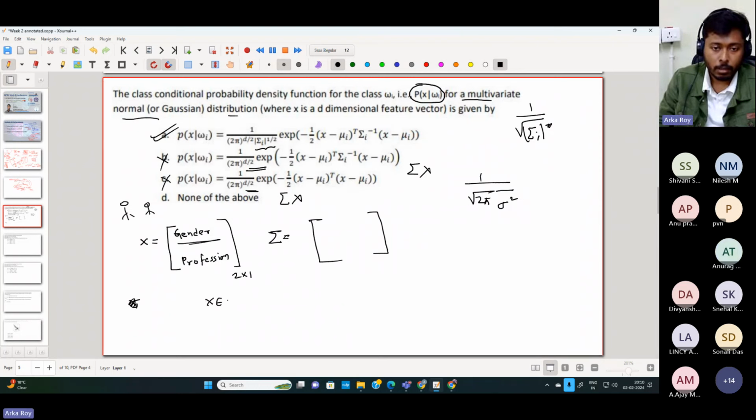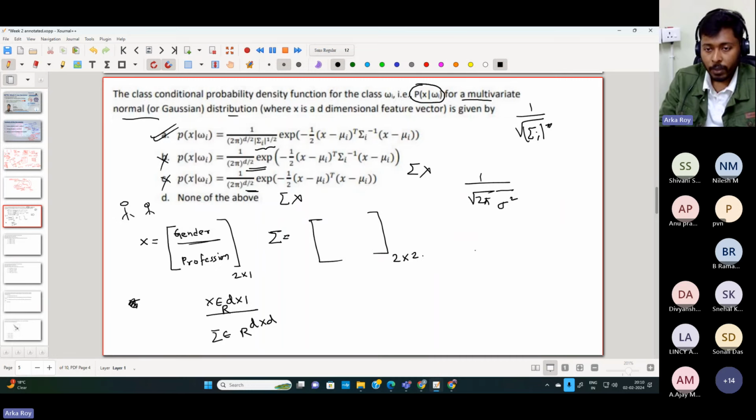If X is in R of D cross 1, then sigma is in R of D cross D. So over here it will be 2 cross 2, and in 2 cross 2 there are 4 entries. We need to first understand what these 4 entries mean.